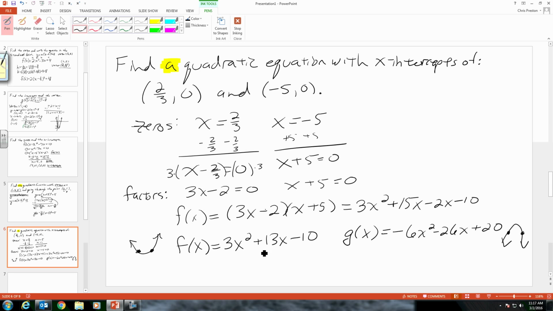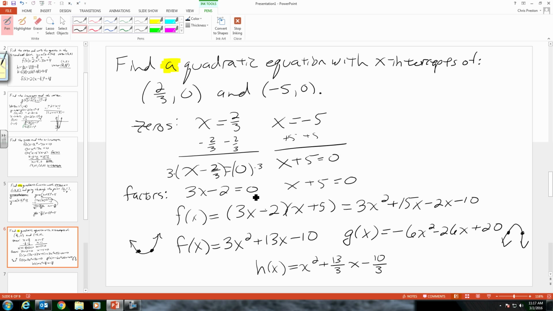Everything else moved around. In fact, the most basic format of this type of possible answer would have looked like x squared plus 13/3 x minus 10/3. That's what we would have gotten if we had stuck with this x minus 2/3 version. So we've already changed what this answer could look like based on the x-intercepts, or based on having fractions or not.